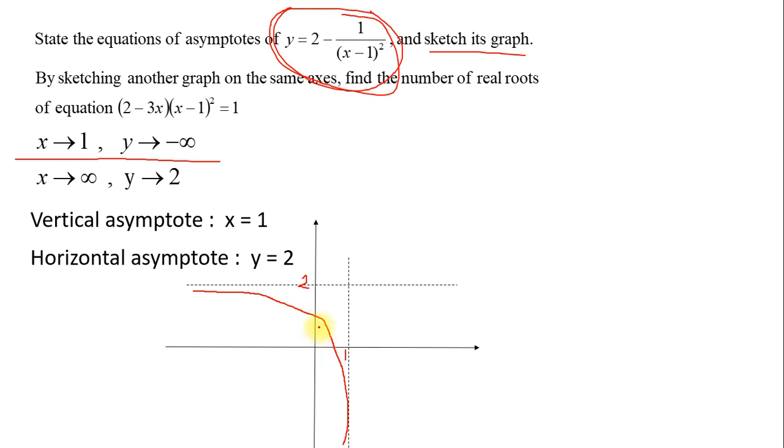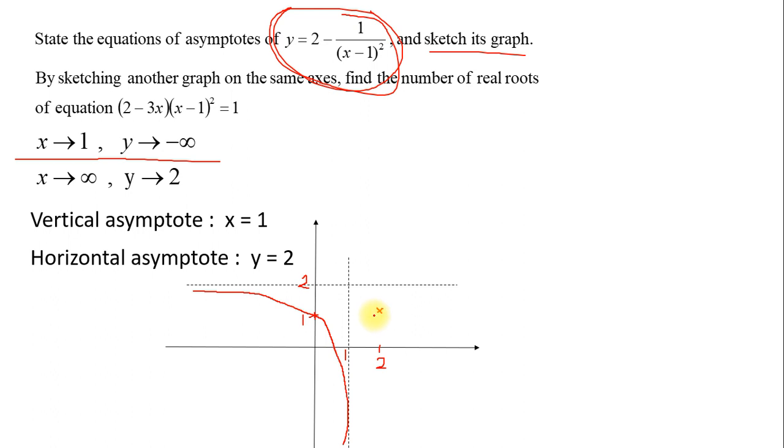When x equals 0, y is 1. That means this point is 1. But over this side, when x is 2, you substitute into the equation, you will get y is 1.